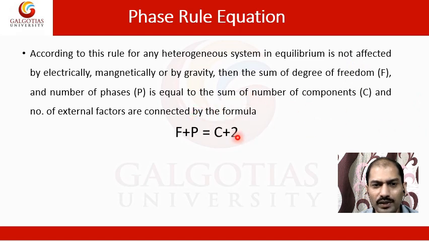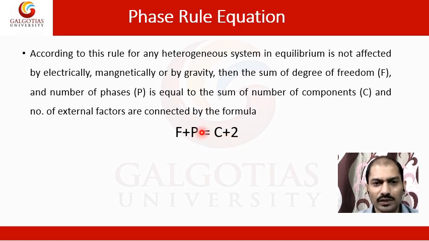So the formula is represented by F + P = C + 2. Here P represents phase, F is degree of freedom, and C represents component.